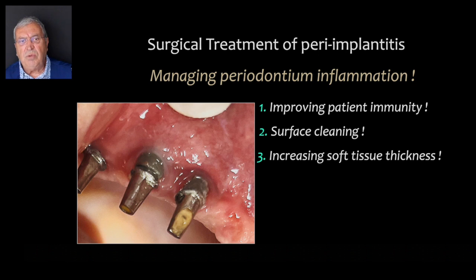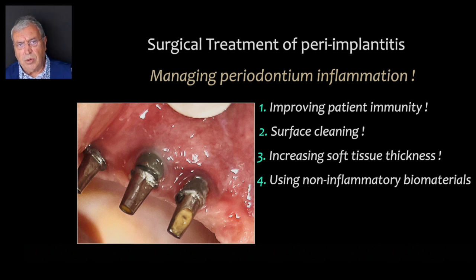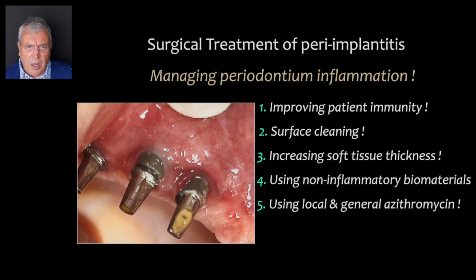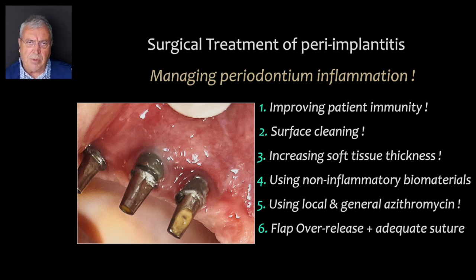In this case, if you do not increase it, you will meet again a new peri-implantitis. We should use non-inflammatory biomaterials, human or porcine. Azithromycin will help locally and orally, and obviously the flap management and the suture.